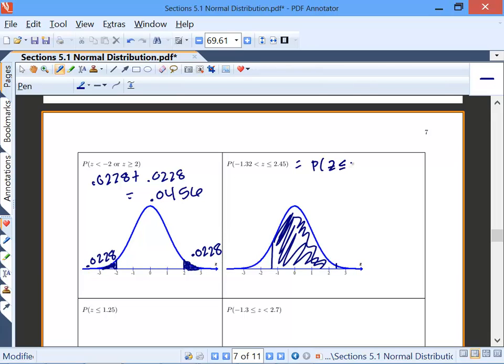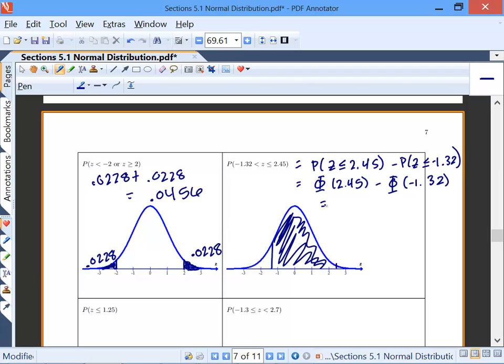Z is less than or equal to 2.45 minus the probability that z is less than or equal to negative 1.32. Now technically these are CDFs, so you could get in the habit of using the book's notation, since that's what the solutions manual will use. So it's capital Phi of 2.45 minus capital Phi of negative 1.32.